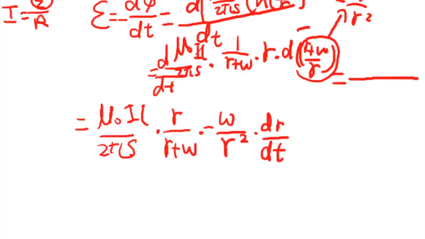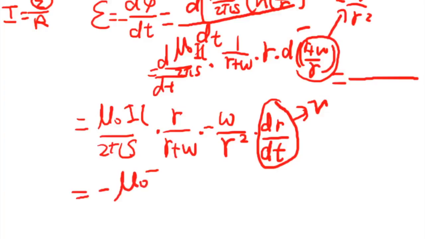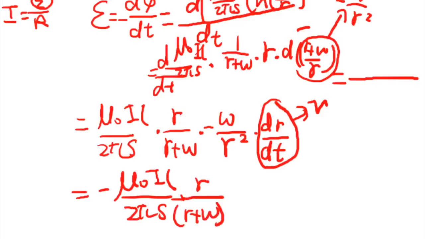And dr dt, we know that this equals v again, so the final equation we get is negative mu naught I L over 2 pi s times r plus w. This two cancels that one, so it's r times v w. Here we go, a little bit messy.